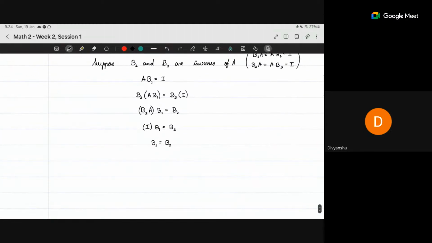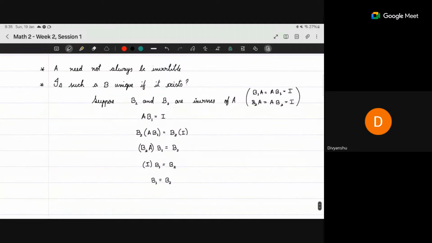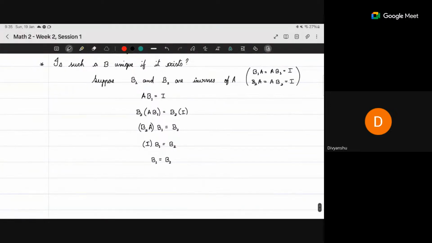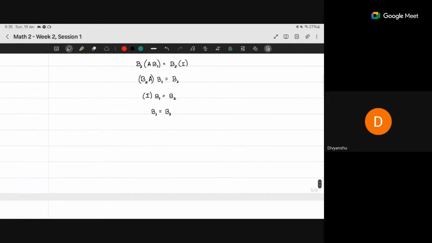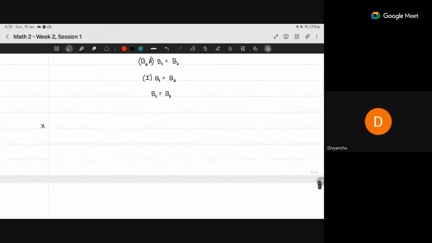Now, the question is how to compute the inverse of a matrix. Once again, why this method actually works is not something that I'm remembering the proof of, but I'll tell you the methodology. Let's work with an example first so that it doesn't become too technical.